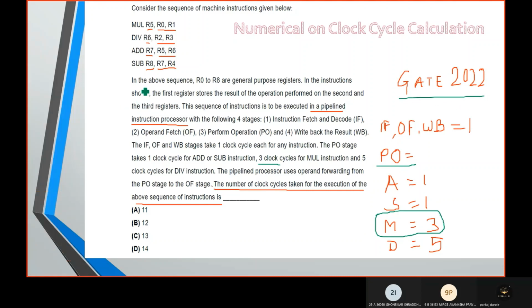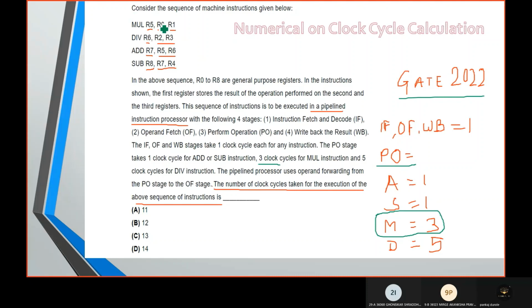Now what is the question? In the above sequence, R0 to R8 are general purpose registers. So R0, R1, R2, R3, R4, R5, R6, R7 and R8 are different registers, which are all general purpose registers. In the instructions shown, the first register stores the result of the operation performed on the second and the third register.